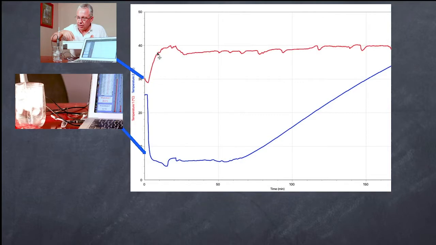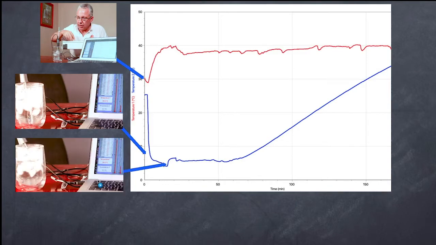Now the temperature in the room increased, but my ice water certainly decreased in temperature right down to roughly around 5-6 degrees. Over here, this glitch is due to the fact that the thermometer moved during the ice melting, and so it bumped to the edges, close to the edge of the glass.